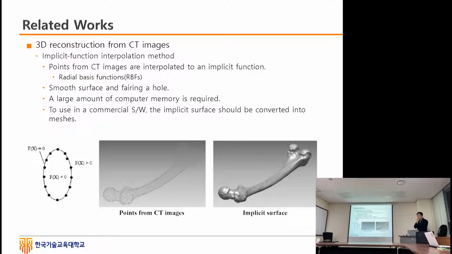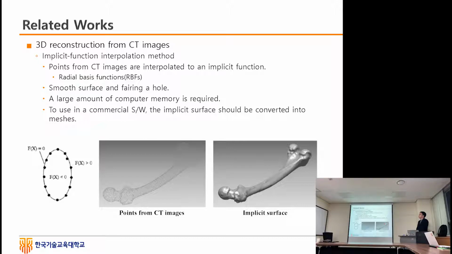But the big problem of this method is that it needs a large amount of computer memory. Additionally, commercial CAD systems cannot support implicit function representation.